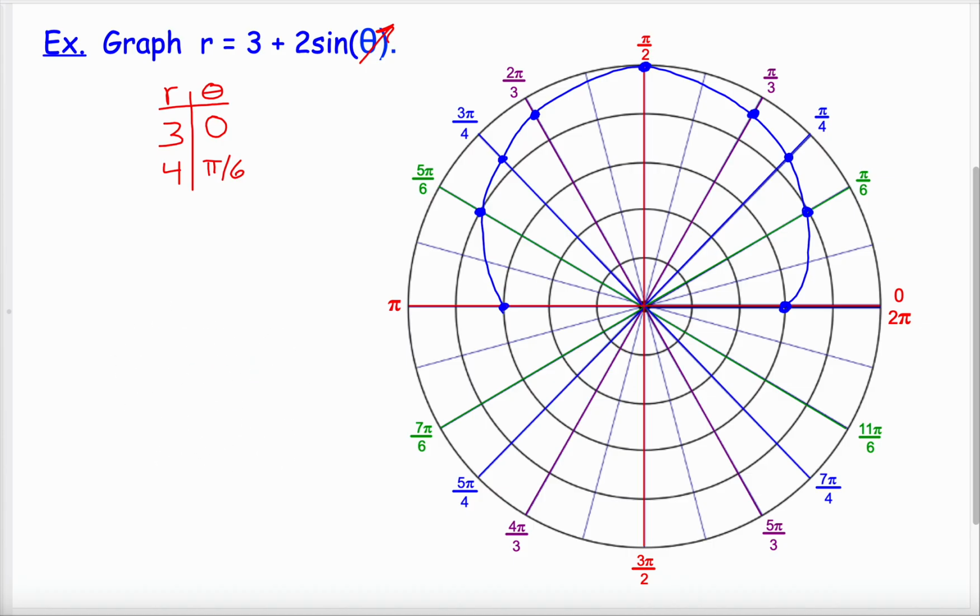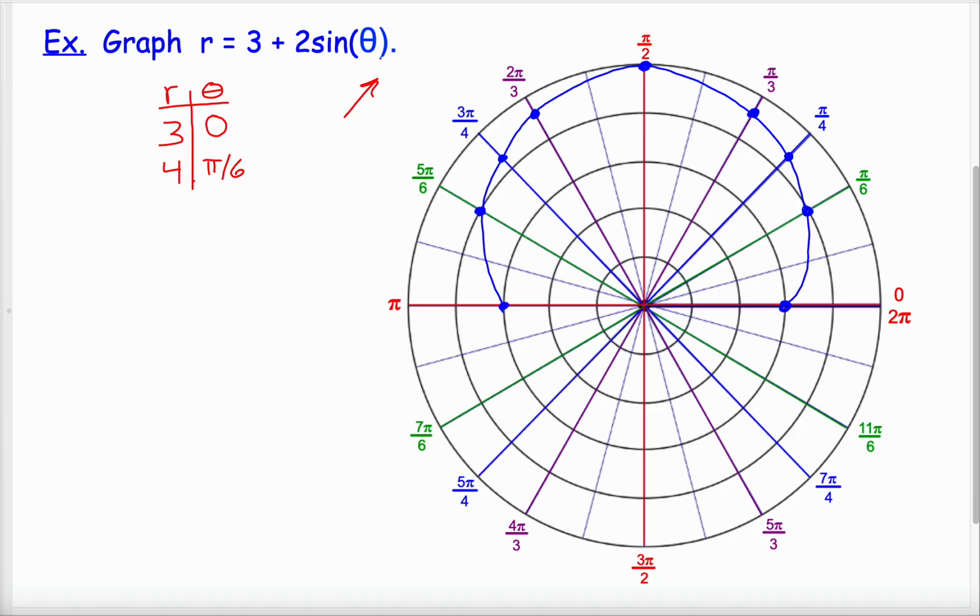Let's get rid of those so I have more room. And let me redo my table. So we had pi over 2, and we got 5, and we had 5 pi over 6, and we had 4, and then at pi we had 3. Okay, let's go to 7 pi over 6. Now, what happens to the sine values? Back to this graph.